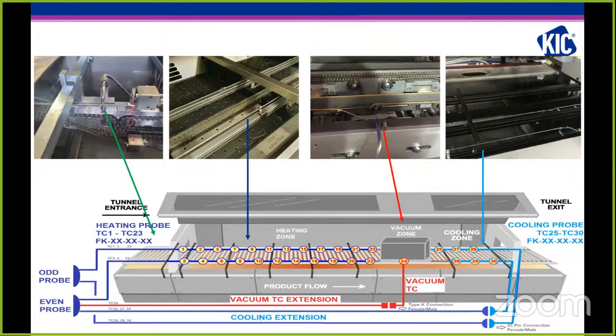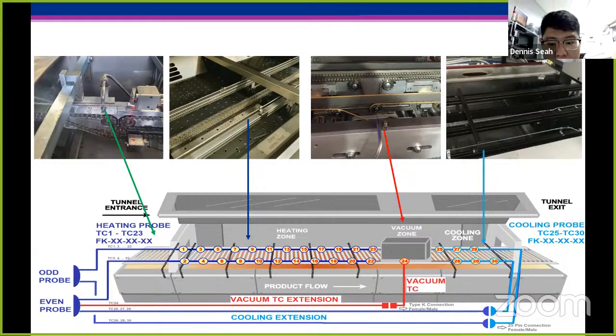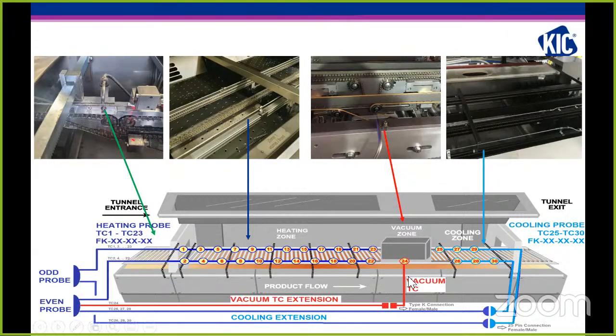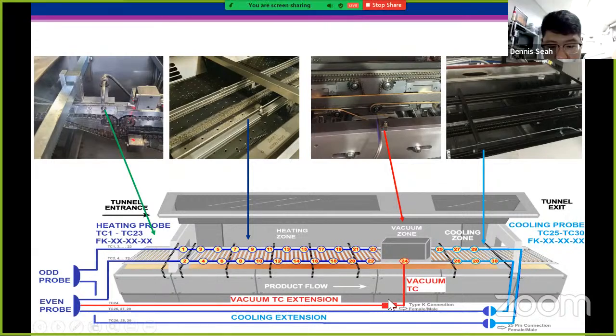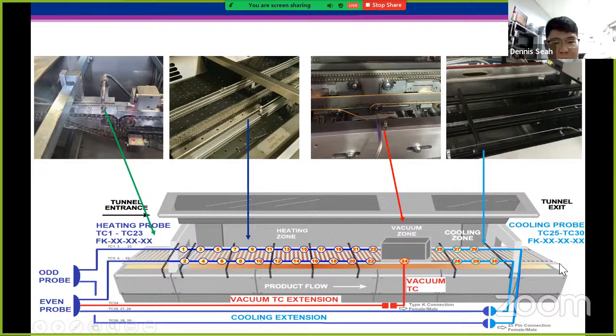Okay, and one more question. The TC which is going into the vacuum area, is it a different TC or a K type? It's a K type. So why do you need this to be external? Because the chamber will close.